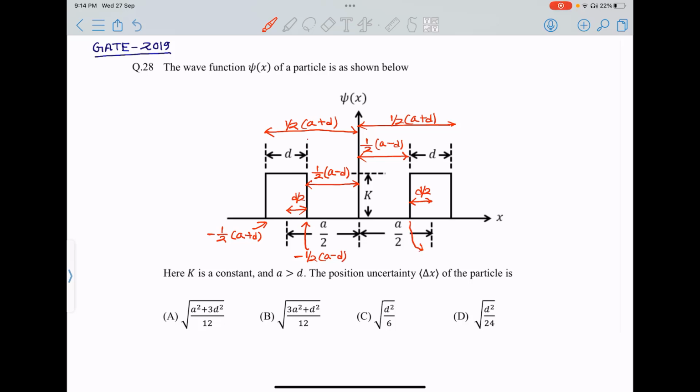The coordinate of this point is half of a minus d, and the coordinate of this point is half of a plus d. So this is the diagram I have.